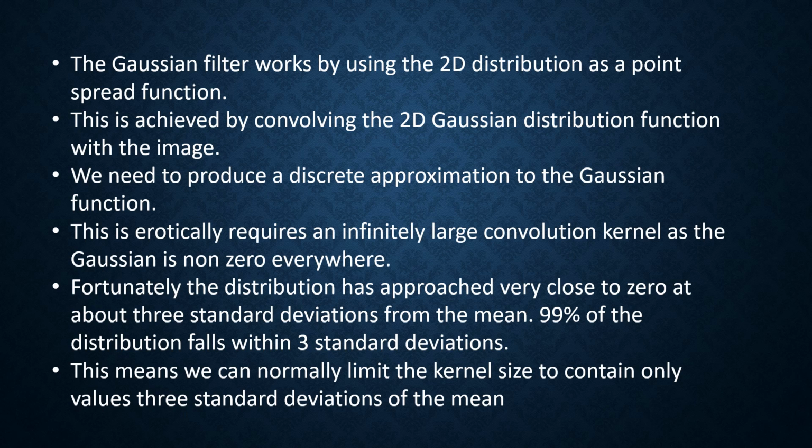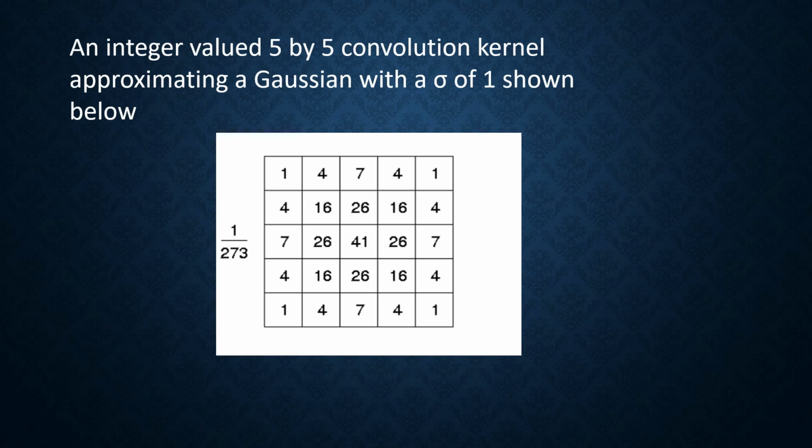This means we can normally limit the kernel size to contain only values within 3 standard deviations of the mean. An integer valued 5 by 5 convolution kernel approximating a Gaussian with a sigma of 1 is shown below.